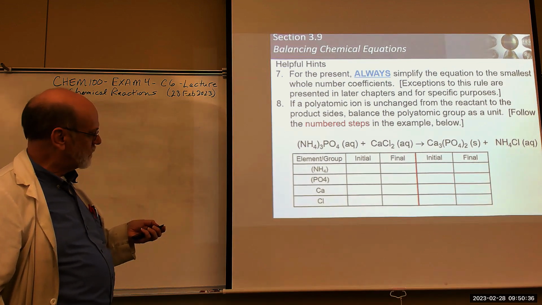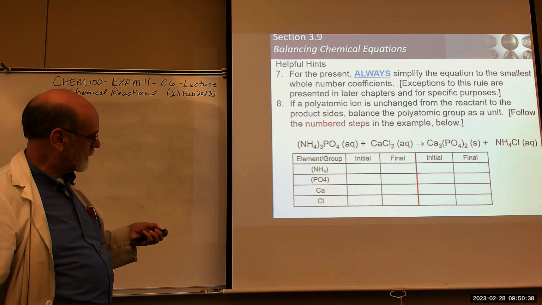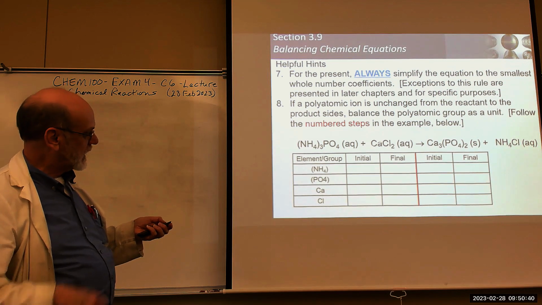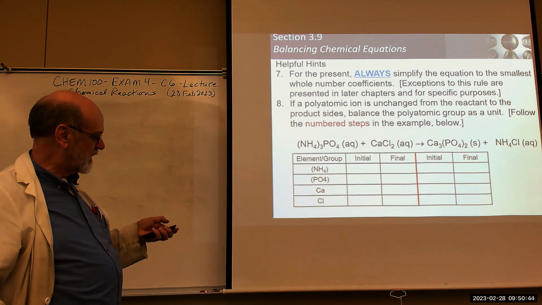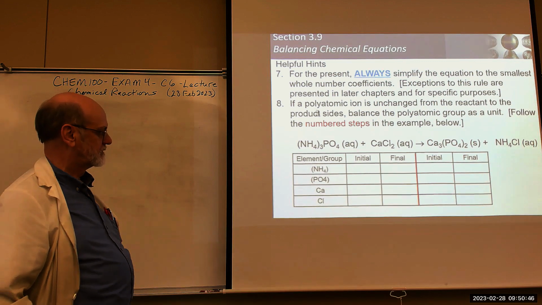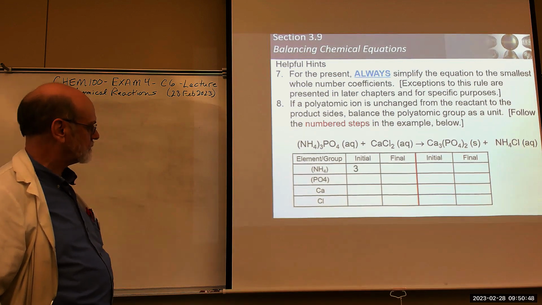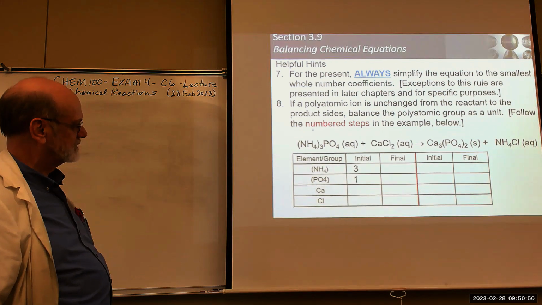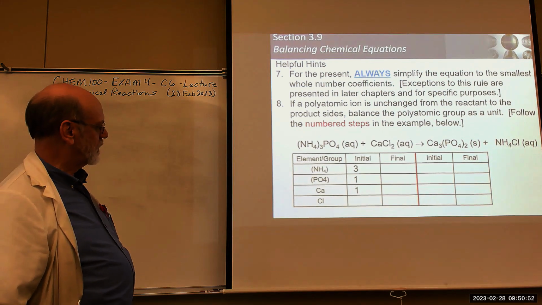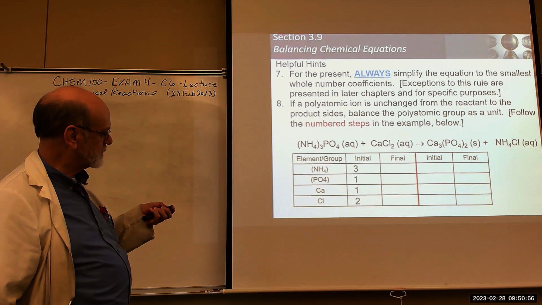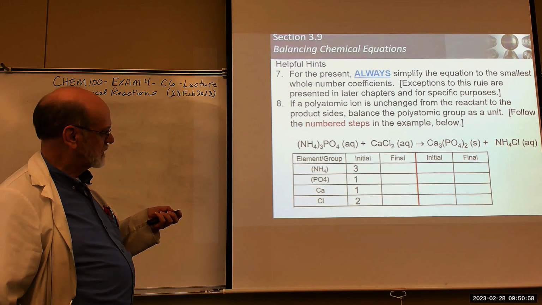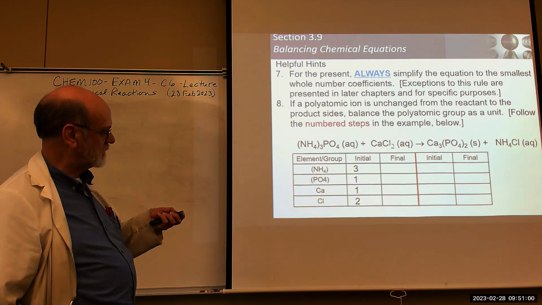And here we have ammonium from there, phosphate from there, calcium from there, chlorine from there. And then we do the initial tally. Right? 3, 1, 1, and 2. We say 3 ammoniums, 1 phosphate, 1 calcium, and 2 chlorides.